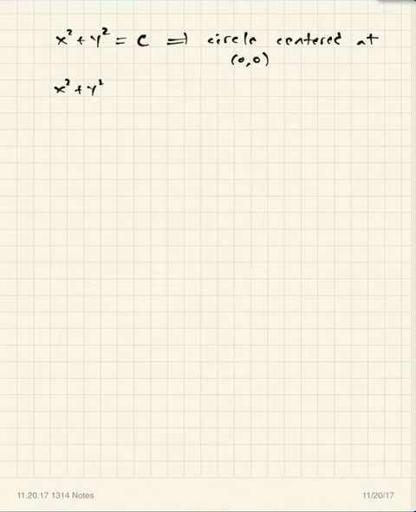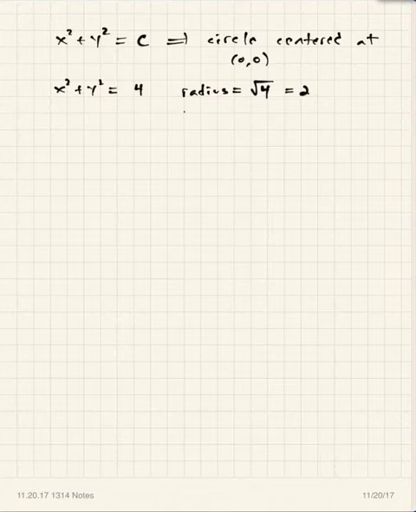Well, we could use the distance formula to prove this, but if you have an equation like that, so this would be a typical equation, x squared plus y squared equals 4, the radius is always the square root of this constant over here. So in other words, that constant is always the square of the radius. So in our problem here, this radius would be 2.